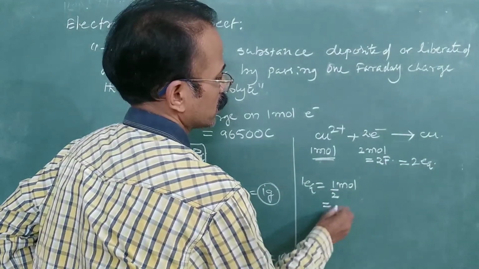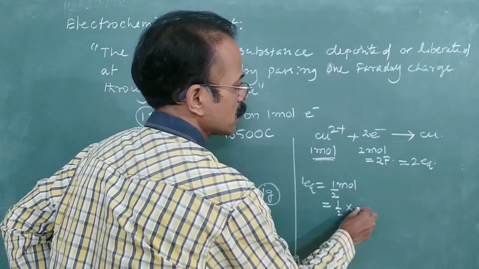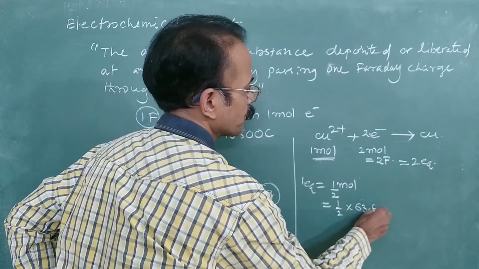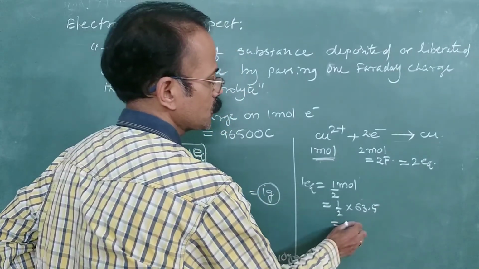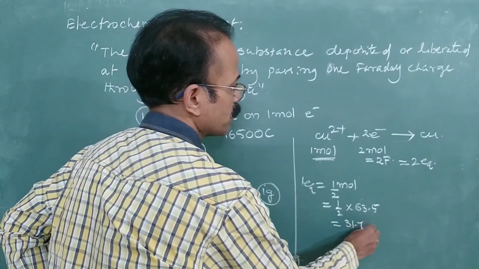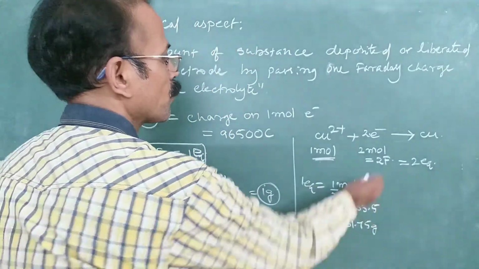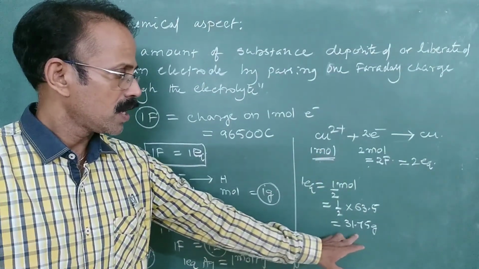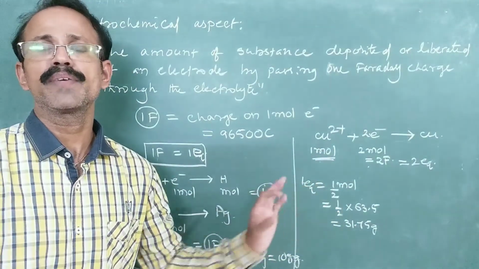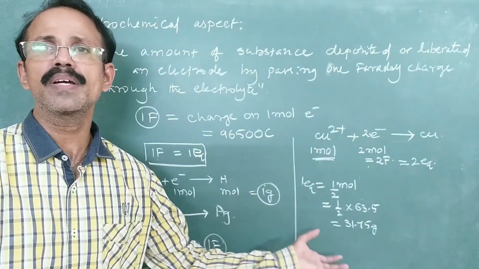And what is the molar mass now? The molar mass of copper is 63.5, so half of that is 31.75 grams, right? So by passing 1 Faraday of charge, 1 equivalent of copper is deposited, or half a mole of copper, or 31.75 grams of copper. That is nothing but the equivalent mass.